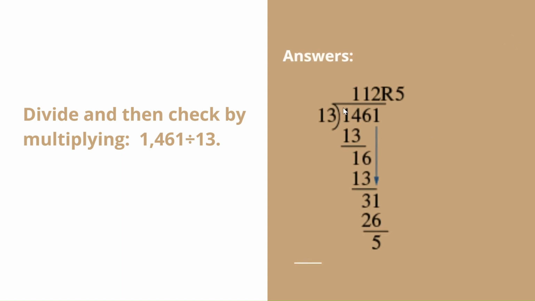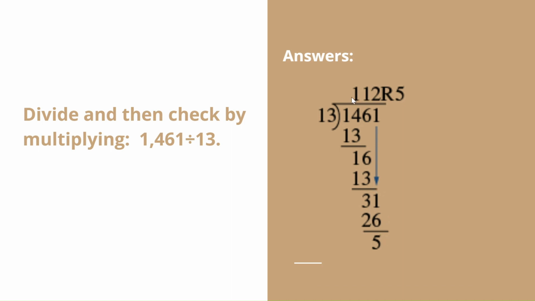So we can write it as 14 divided by 13, which is 1 and 1 left. So 16 divided by 13, which is still 1 and 3 left. 31 divided by 13, we can only find 2, which is 26, and 31 minus 26 is 5.